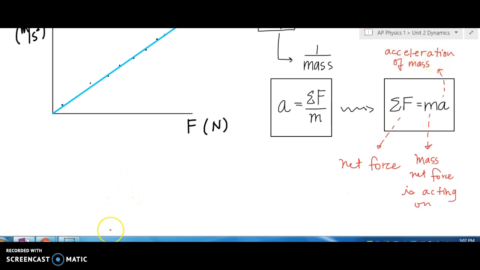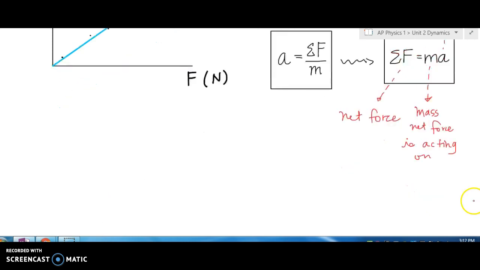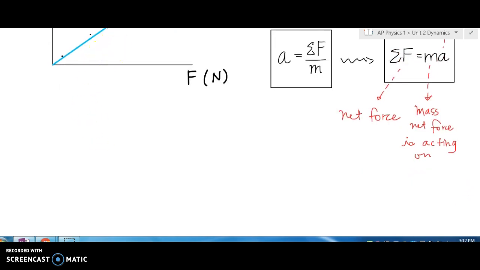So now, how do we use this? Alright, so let's apply this. I'm going to do a couple of examples with you so you'll know how to use this whole net force thing. That's not a sigma, that's supposed to be an E. So let me make an example here.